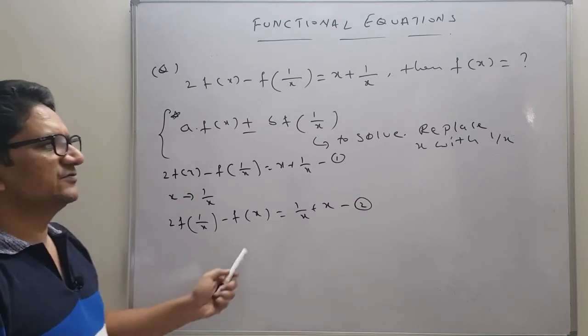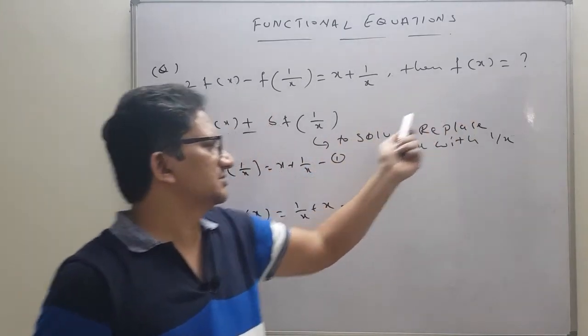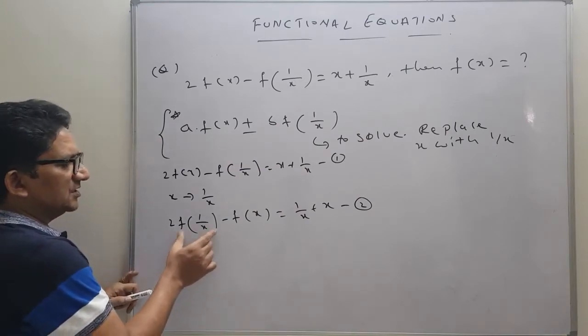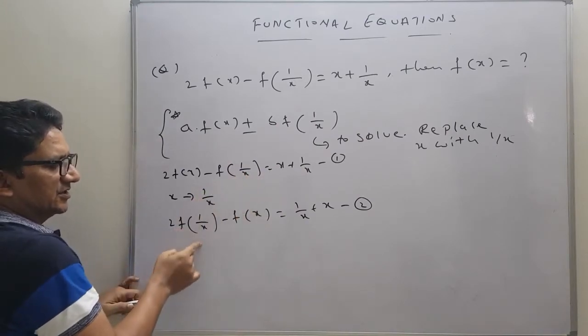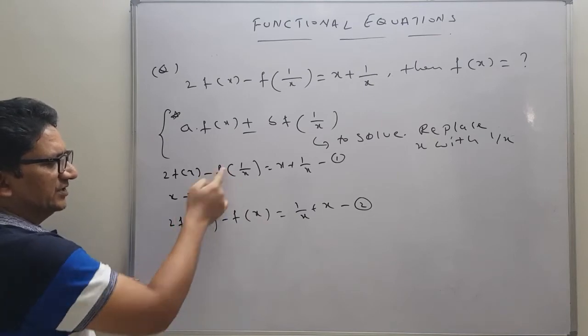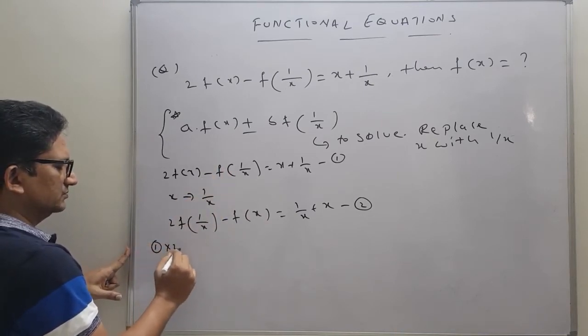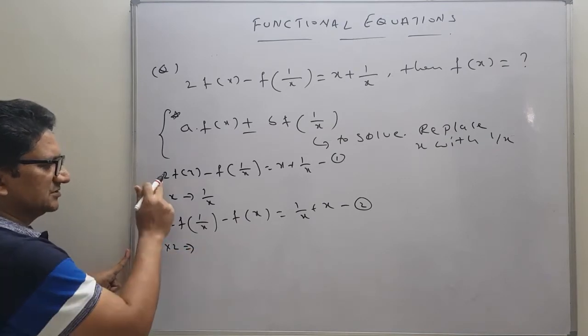Now it is clear, we want f of x, which means we need to solve these simultaneous equations. Here we don't want f of 1 by x, so the aim is to eliminate it. To eliminate it, multiply equation 1 by 2.